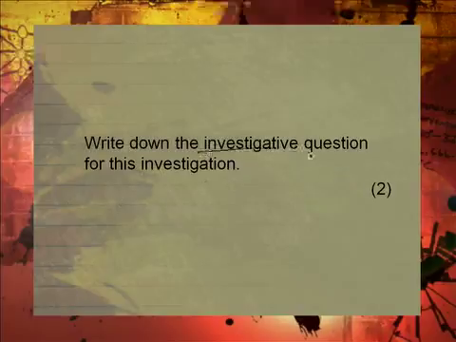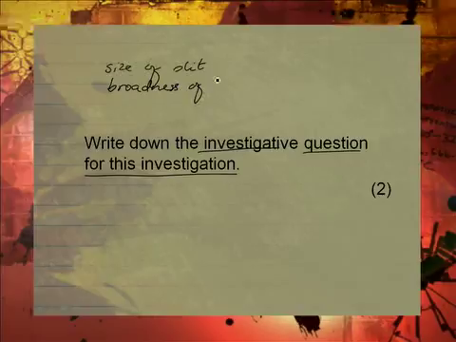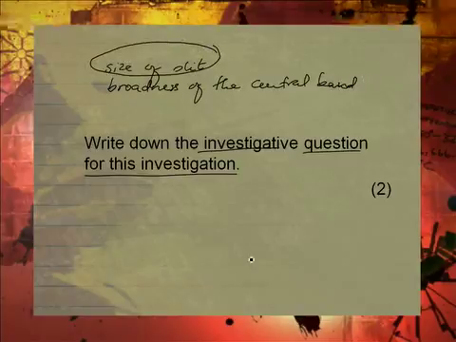Write down the investigative question for this investigation. What we need to know is that the learner is looking at the relationship between the size of the slit and the broadness of the central bright band. Okay, so if this is what she is looking at and this is what she's changing more often, what could be our investigative question here?